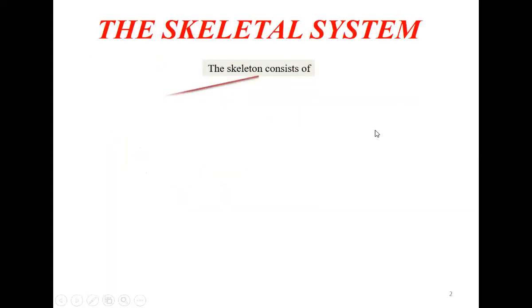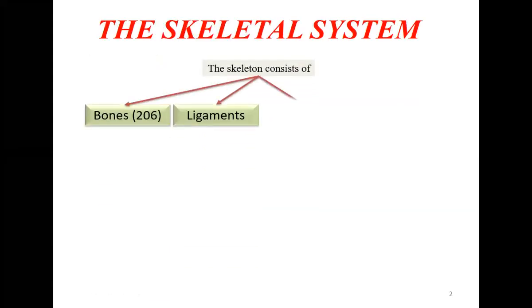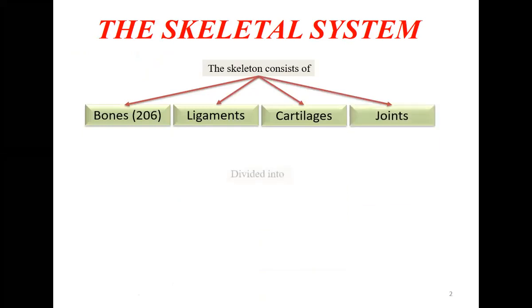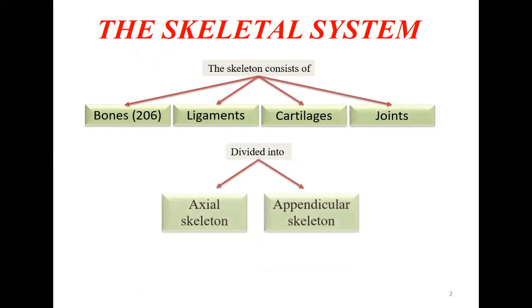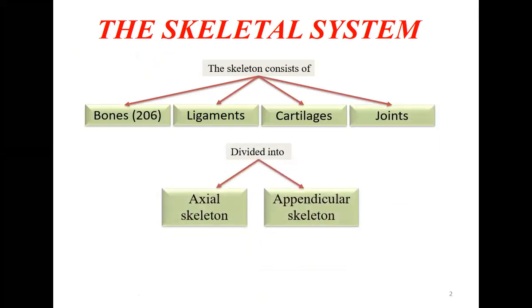We'll talk about that. So here, if you see, the skeleton system consists of the bones with ligaments and cartilage and joints. All this together will form the skeleton, or it is also called the skeletal system.